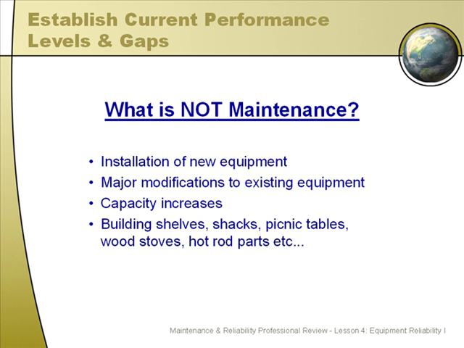Fourth, building shelves, building small shacks, building picnic tables, wood stoves, hot rod parts, etc. is not maintenance. Now, none of this happens at any facility I've ever been to, and I don't know if it happens at your site, but building things and doing government work projects of this type is not part of maintenance. It's just something that people tend to want to do.